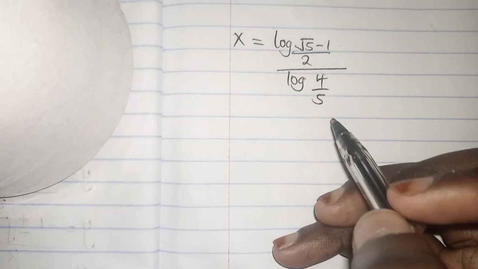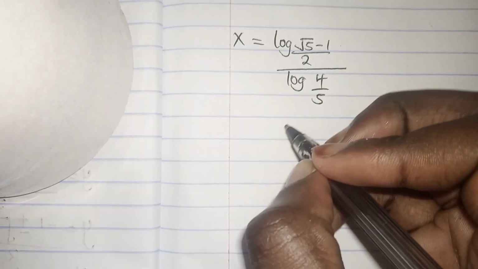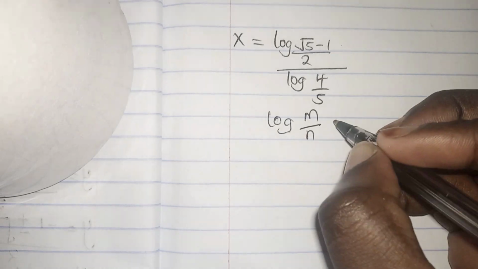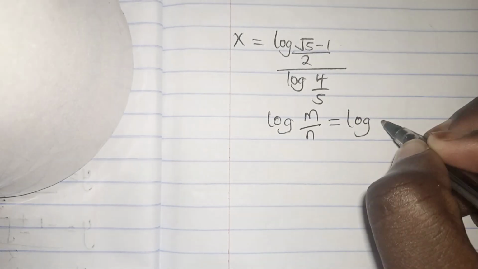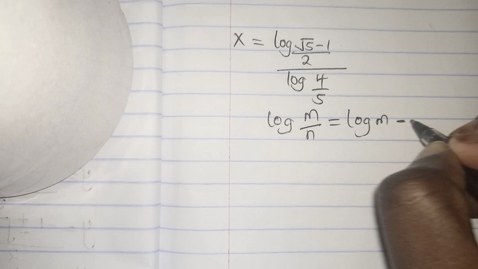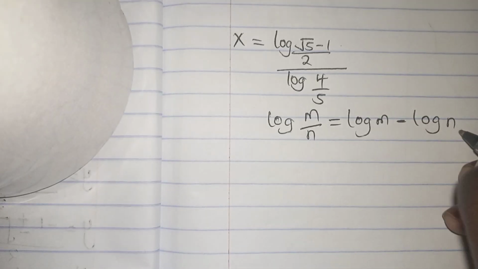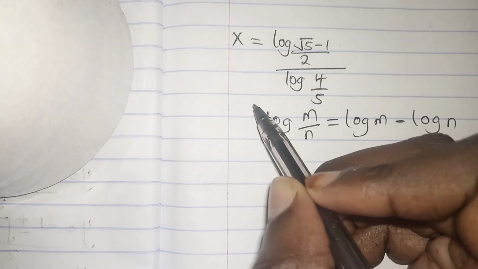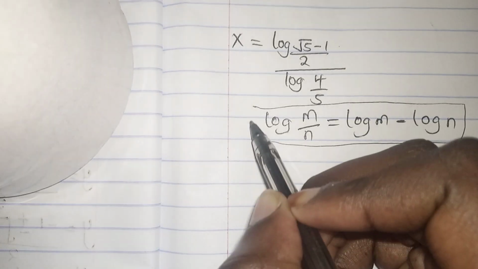So to solve this, we are going to use this rule of logarithm, whereby if you have log m over n, it is equal to log m minus log n. So when you're dividing, you can subtract the logs. So we are going to apply this rule for our case here.